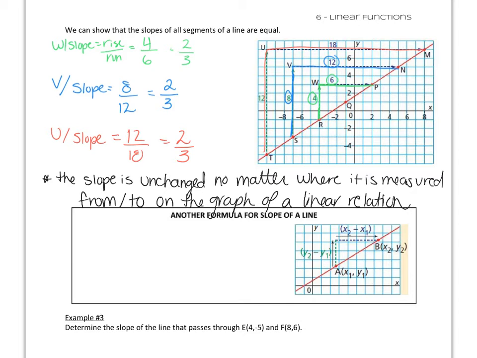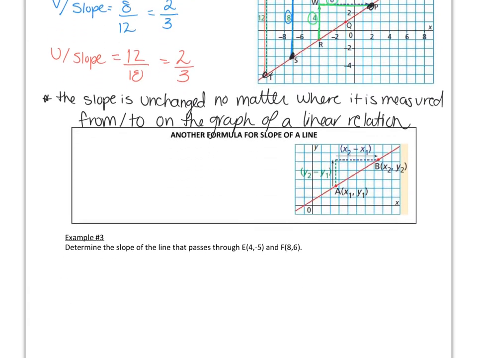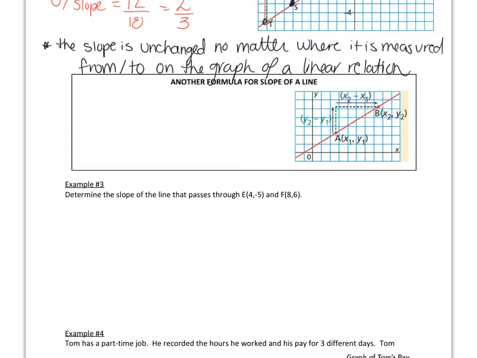Note that the slope is unchanged no matter where it is measured from or to on the graph of a linear relation. So we could measure between points S and P, or T and N as well, or any other point on this line and get the same result for the slope. Another formula for slope of a line is M, which is slope.